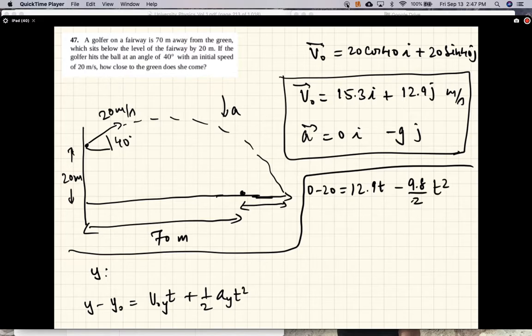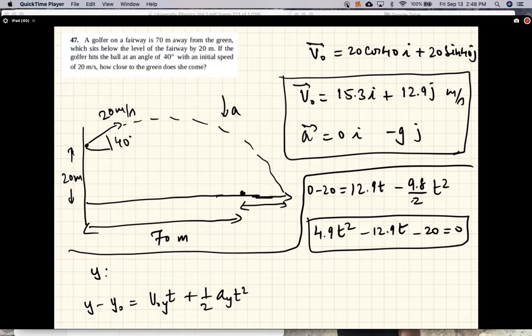So if you rearrange all of these terms, we get 4.9 t squared minus 12.9 t minus 20 equals 0. So there's the quadratic equation that we need to solve.